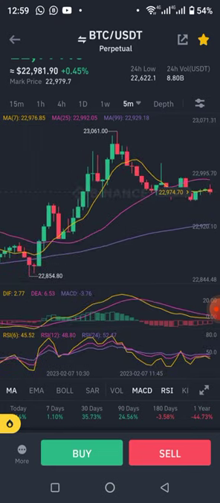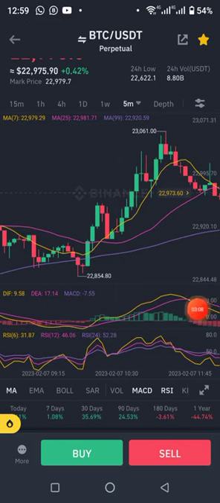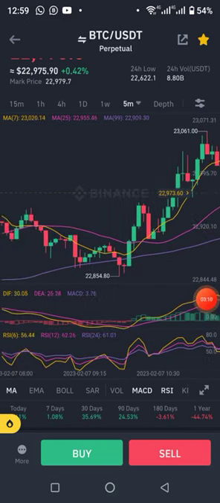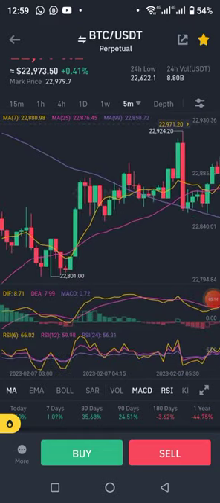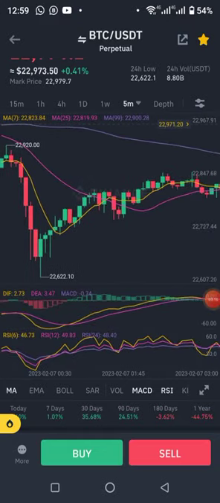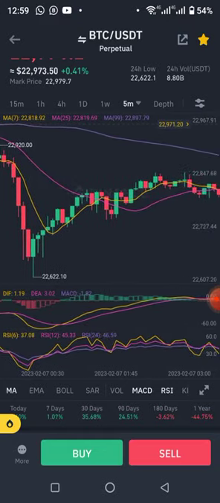Now if the two lines are close to each other, that's the MACD line itself and the signal line, I want to show you. Let's go to where the lines are close to each other. Look at this place, from here to here.